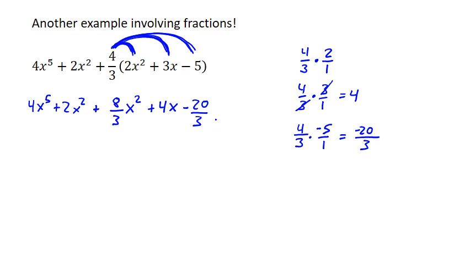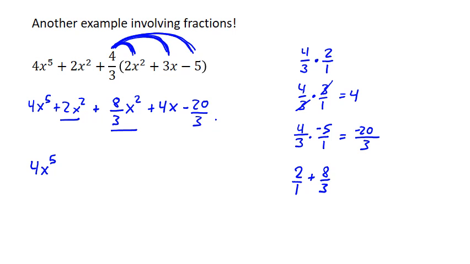But now I notice that I potentially have some like terms that I can combine together. I only have one term that says 4x to the fifth, so we're going to leave it as 4x to the fifth. But I do notice that I have two terms here and here that have x squared. So I need to add them together. The question is, what is 2 plus 8/3? Now I'm going to look at it as 2 over 1. But I'm not dealing with multiplication anymore.